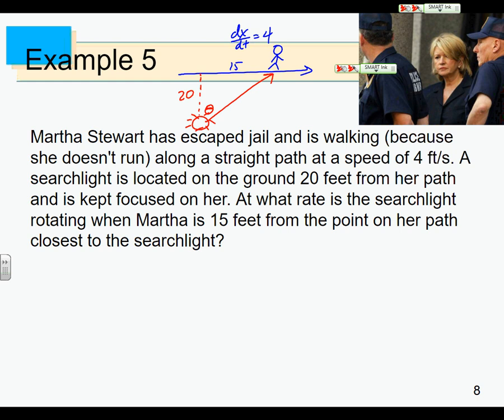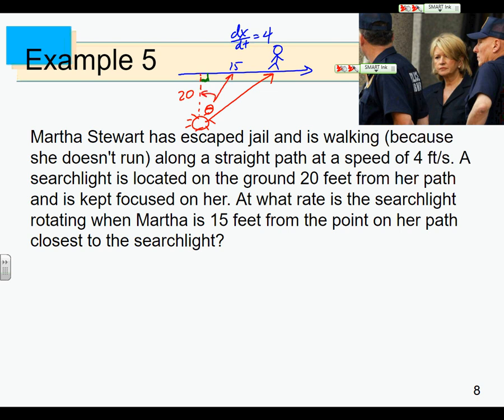You're right, I still do have a right angle happening right here. It is, but I'm not interested in how long the ray of that searchlight is. I'm interested in its angle. And so look at the angle I'm given right here, and look at the two sides I have, opposite and adjacent.